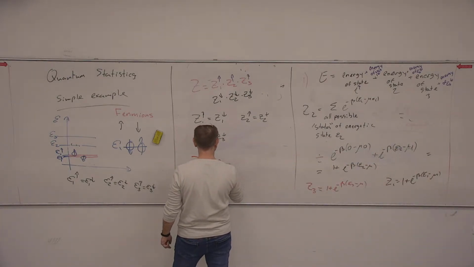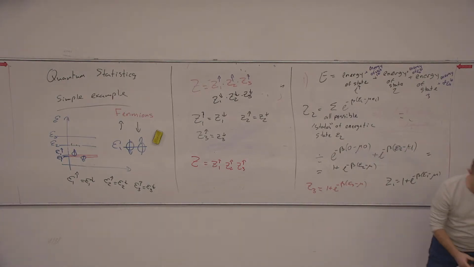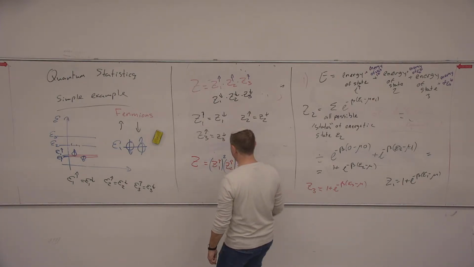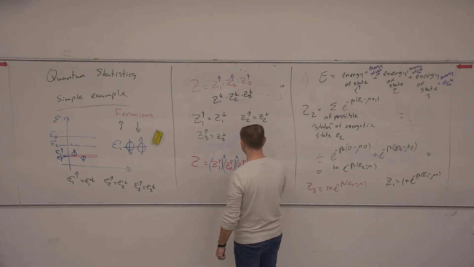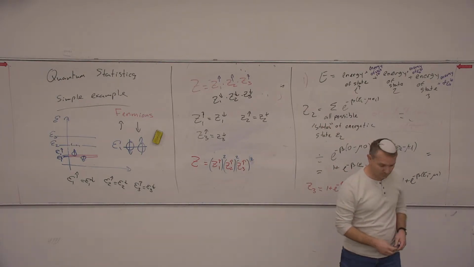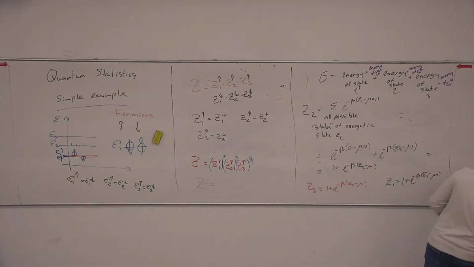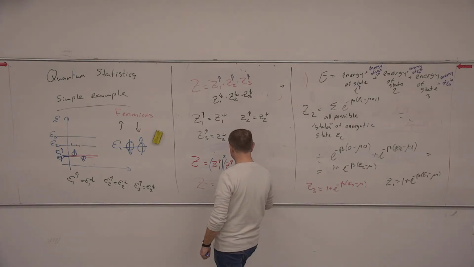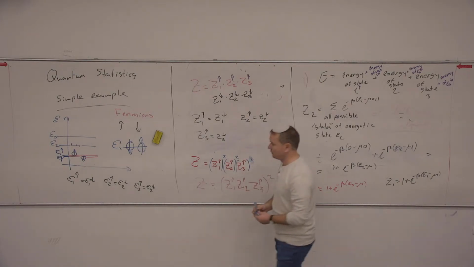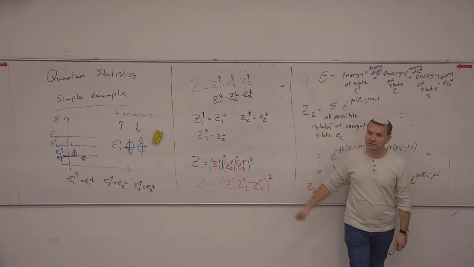Z is z1 up, z2 up, z3 up, and the degeneracy is just the power of the partition function: z1 up to the power of 2, z2 up to the power of 2, and z3 up to the power of 2, to obtain that the partition function Z equals z1, z2, and z3 up, to the power of 2. This is where degeneracy belongs.